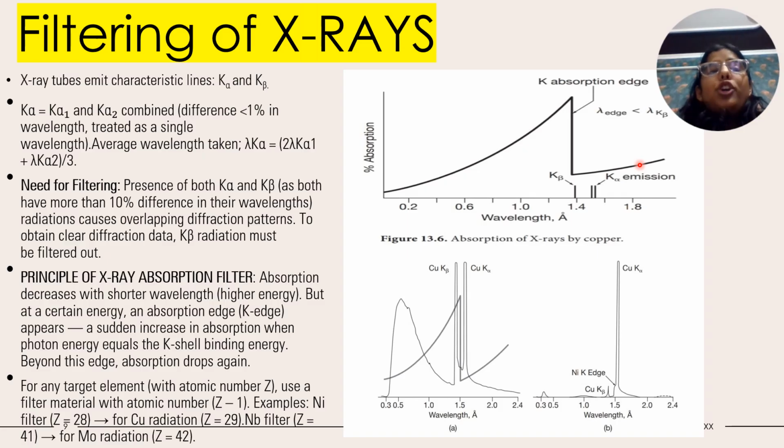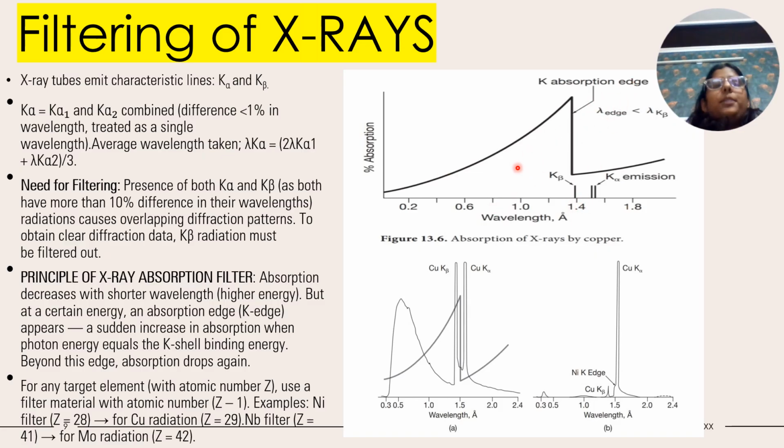When the energy of the X-ray becomes high enough to knock out an electron from the K shell of the absorbing material, the absorption suddenly increases sharply, which is shown here. This sudden jump is known as the absorption edge or resonance energy. After this sudden jump, as the wavelength decreases and energy increases, the absorption decreases as expected.